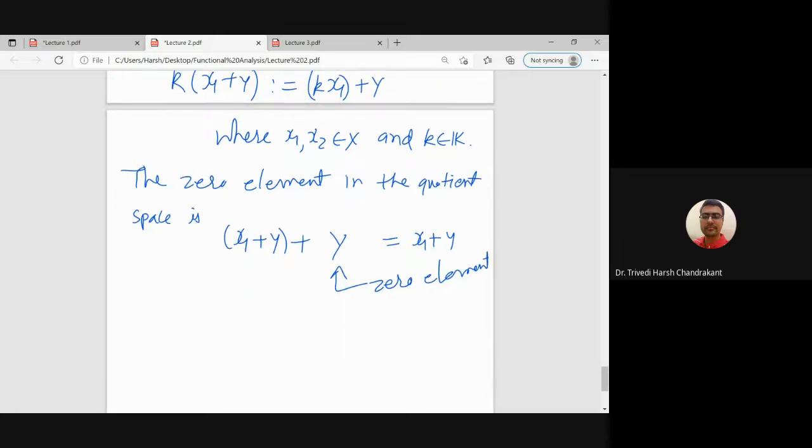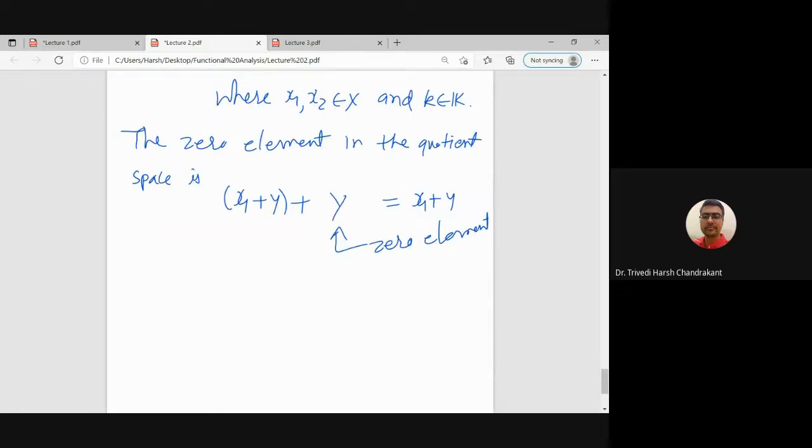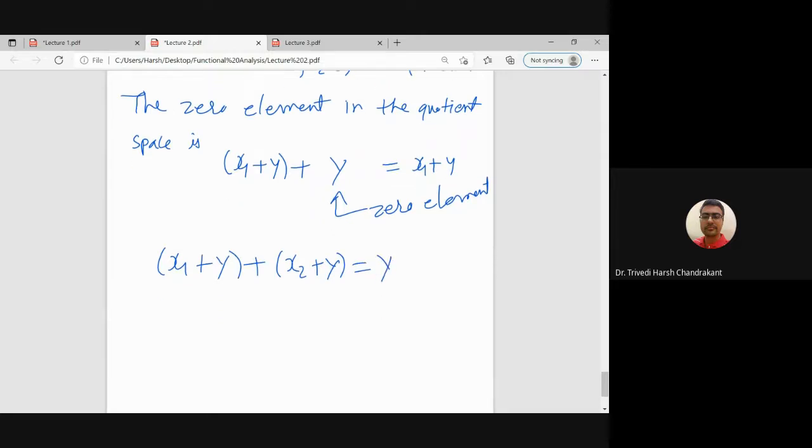And now if you know the zero element, what is the inverse? Minus x1. Minus x1, right?